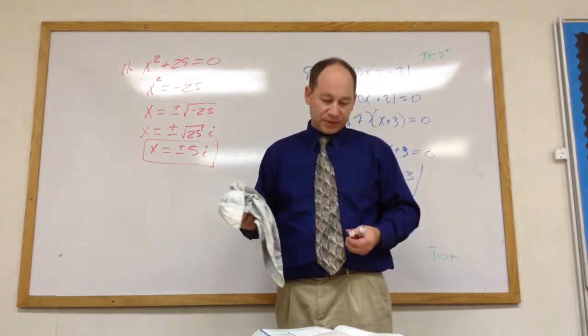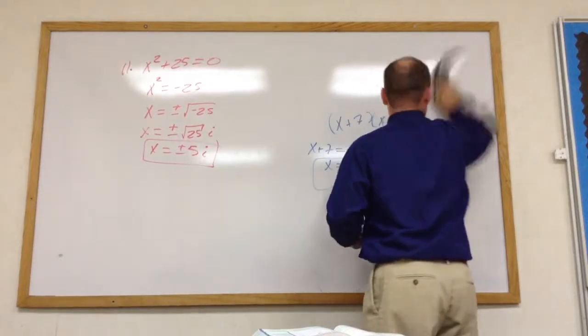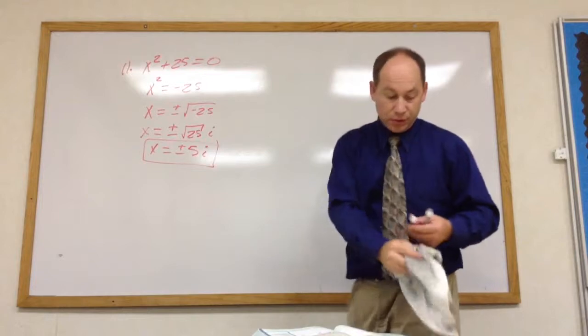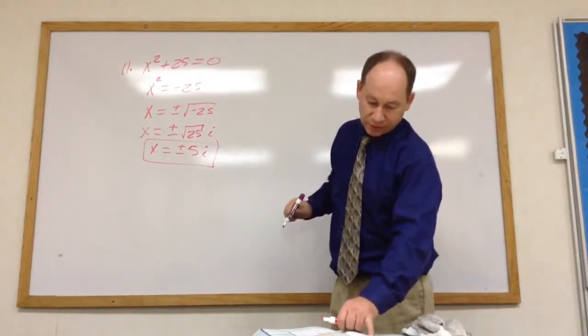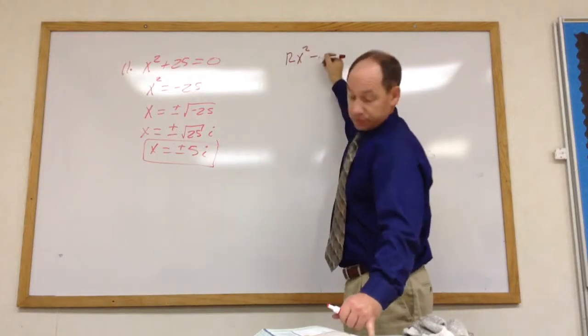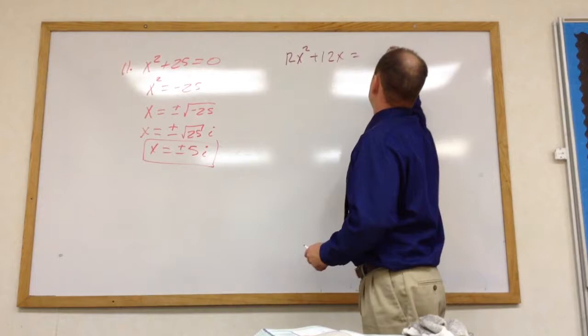And then we're going to pick out another one here. For number 12, x squared plus 12x equals negative 40.